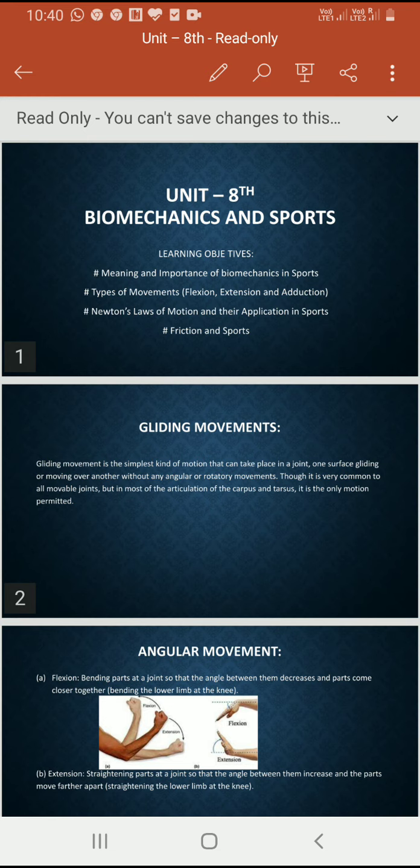Gliding movement is the simplest kind of motion that can take place in a joint. One surface glides or moves over another without any angular or rotatory movement. Though it is common to all movable joints, in most of the articulations of the carpus and tarsus bones it is the only motion permitted. So this is a gliding movement.